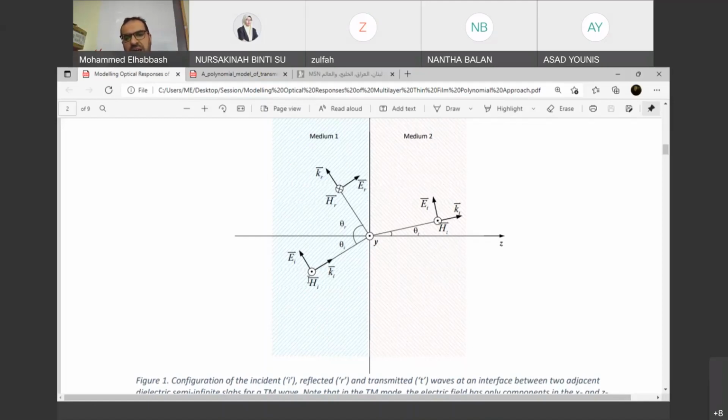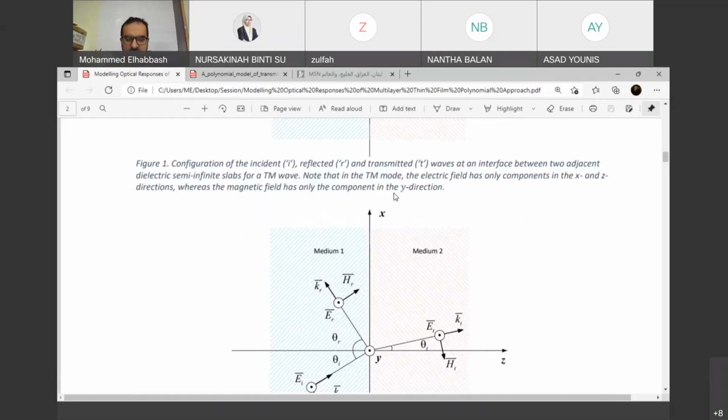So the magnetic field here has only a Y component, so it is polarized about the magnetic field. The electric field may change its direction from incidence to reflection and transmission, but the magnetic field stays in one direction, the Y direction. So we say the light is polarized about the magnetic field.